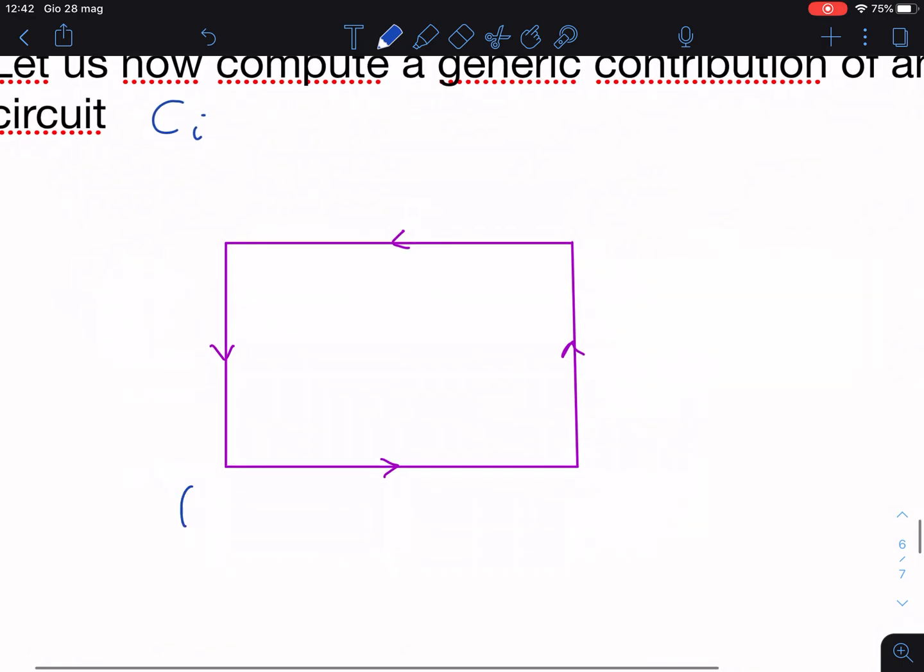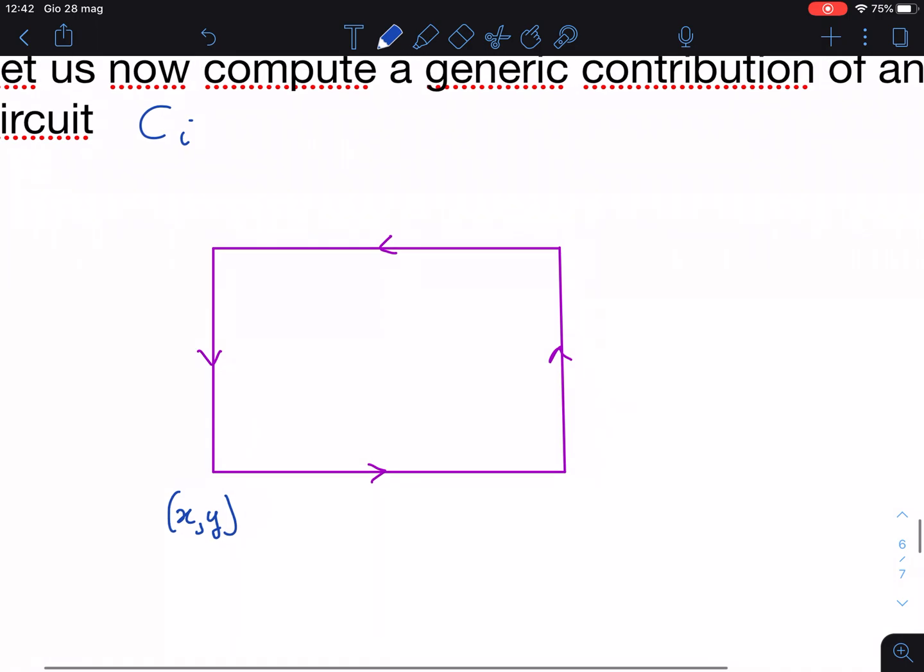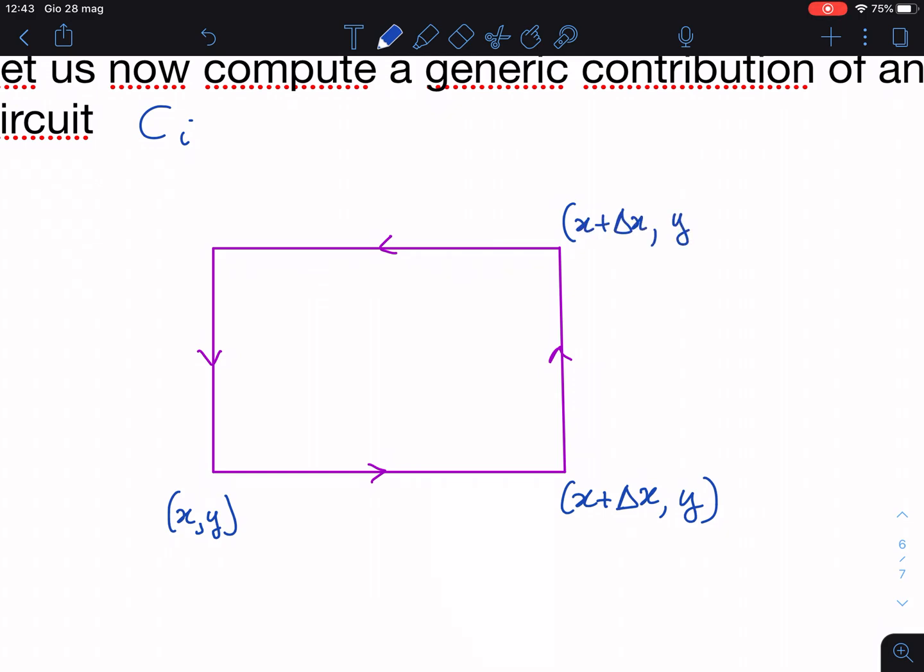Here you start from x, y, and here you have x plus delta x, y, this is the step of the grid. Here you have x plus delta x, y plus delta y, and here x, y plus delta y.